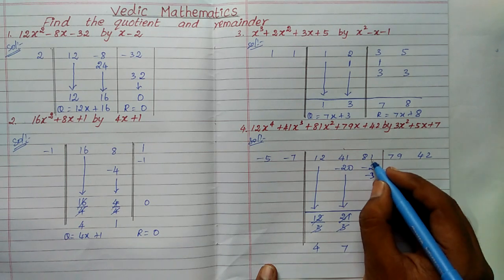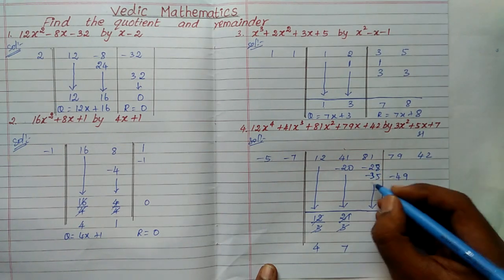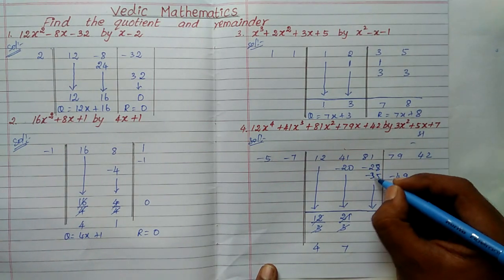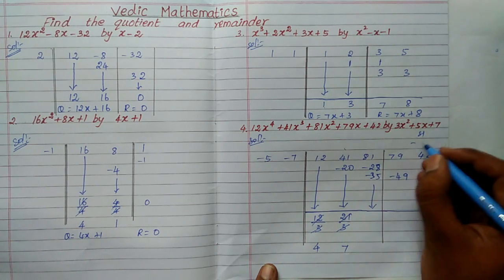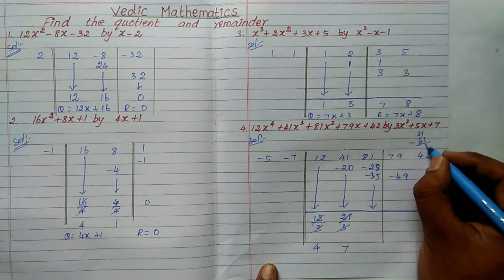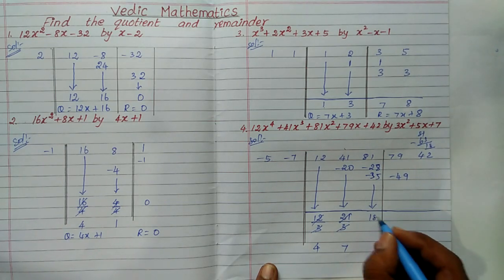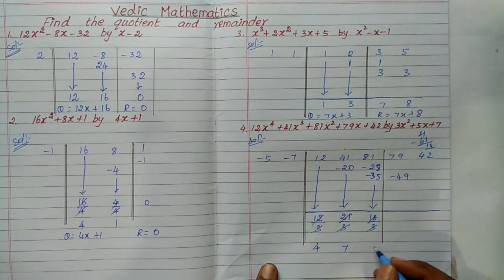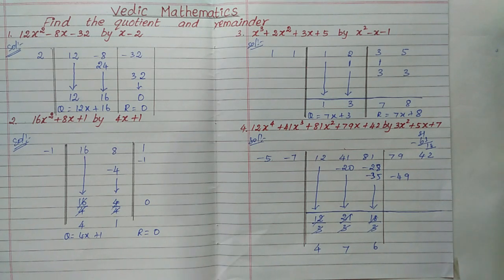Now take the value here, 81, minus 63. So if you subtract, we will get 18. So 18 divided by 3, answer is 6. 6 3s are 18.